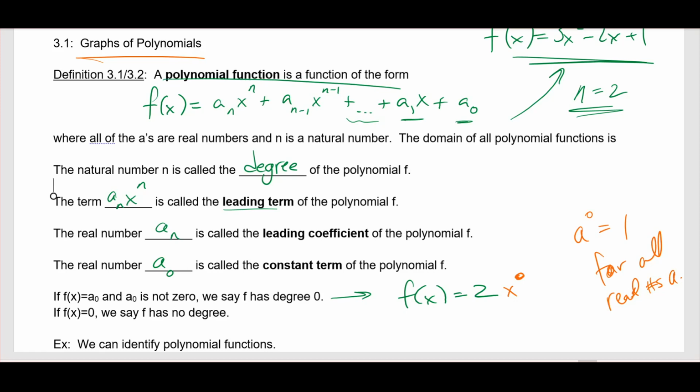So we can think about there being a variable part here just to the 0 power. So if the number in front is not 0, we say that the constant function here has degree 0. Now if our function is identically 0, if it's just 0, we say this has no degree.